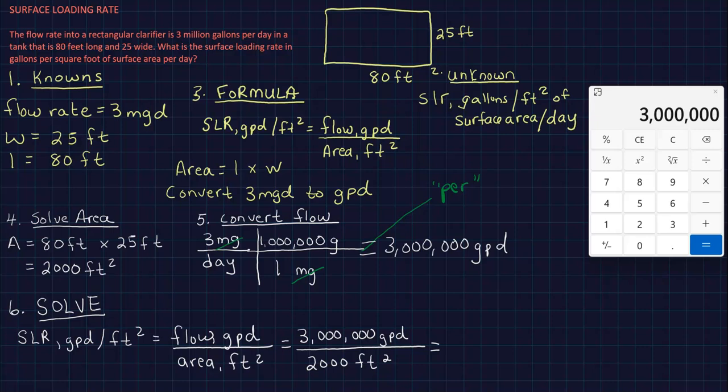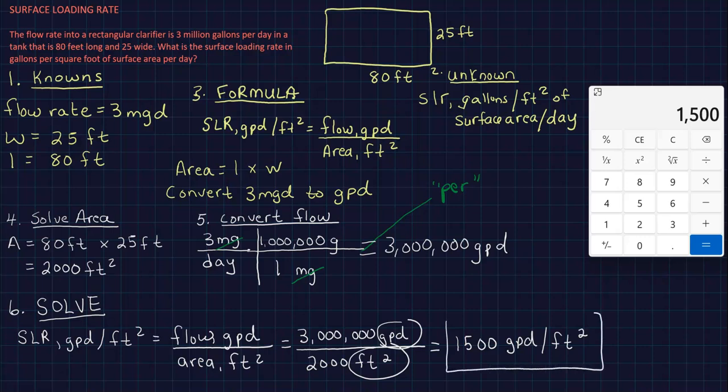So 3 million divided by your 2,000 square feet gives you 1,500. 1,500 what? GPD per foot squared. This is your final answer.